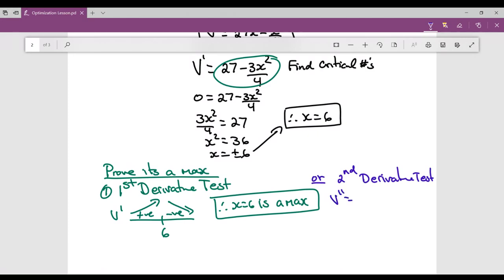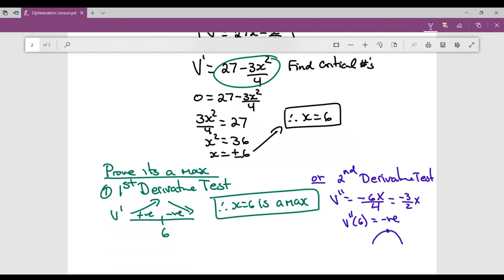The 27 goes away, the 2 drops down, we get negative 6x over 4, which you could reduce to negative 3 over 2 times x. Well, at 6, this is going to be negative, which tells us we're concave down, which tells us we have a max.